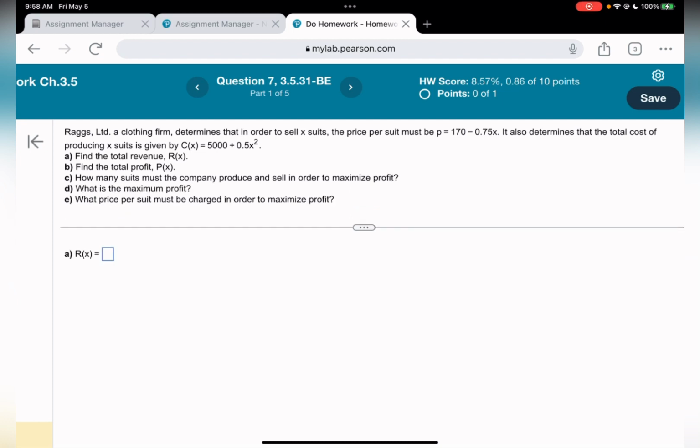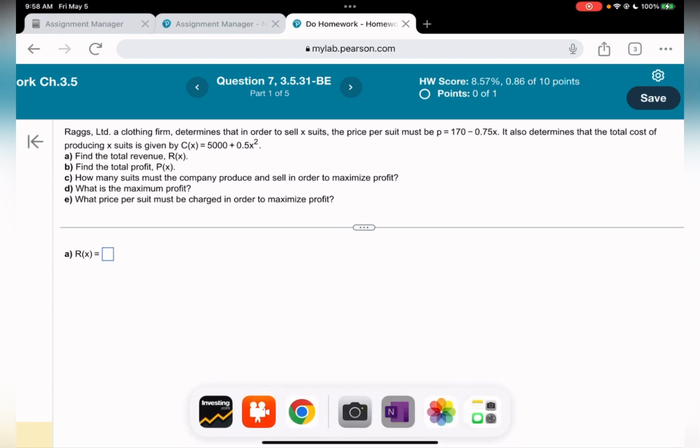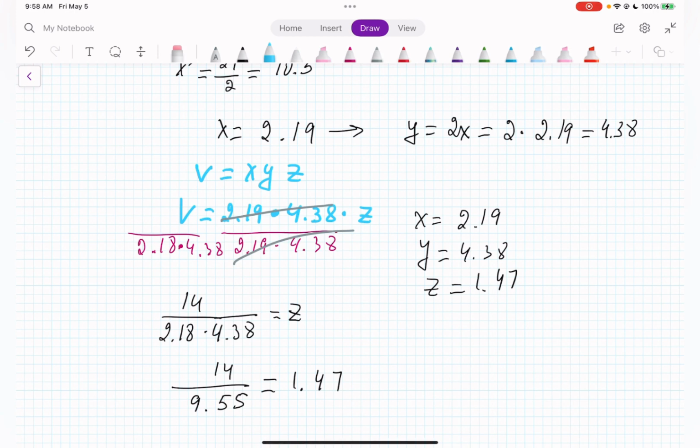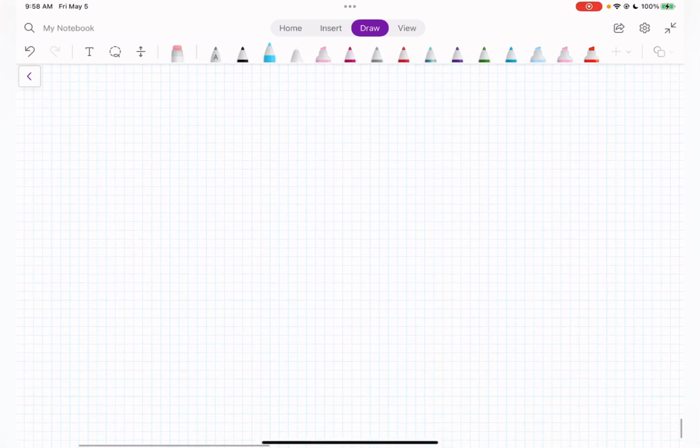So what do we have? First question, find the total revenue R of x. Let me write it down. Let me work with green color this time. X is the amount of suits.